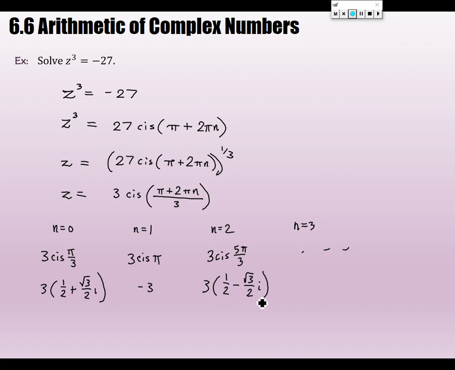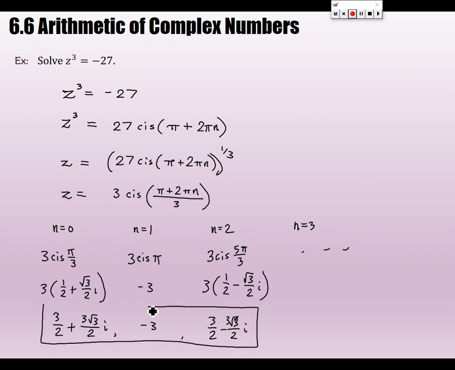So this is the kind of work I would expect here. Our final answers are 3/2 plus 3√3 over 2 times i, -3, and 3/2 minus 3√3 over 2 i. Do those look familiar? Zach?